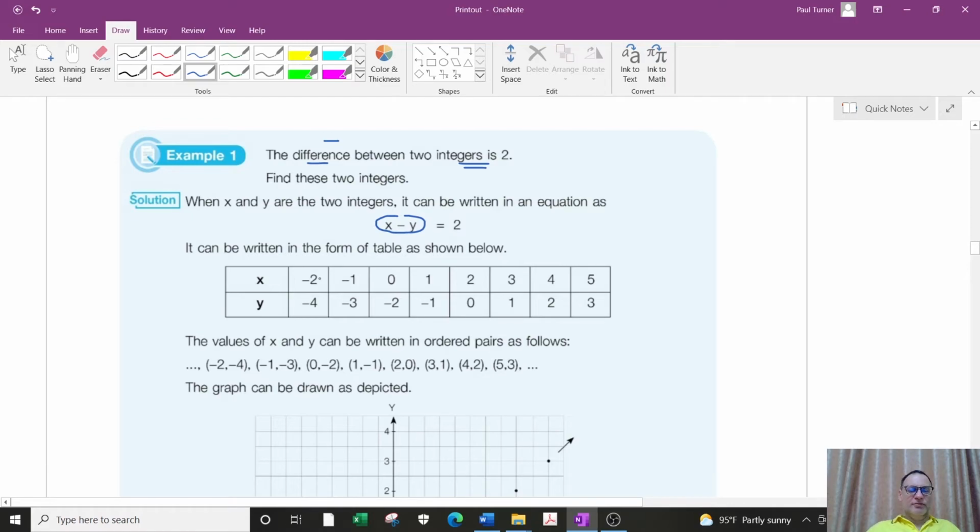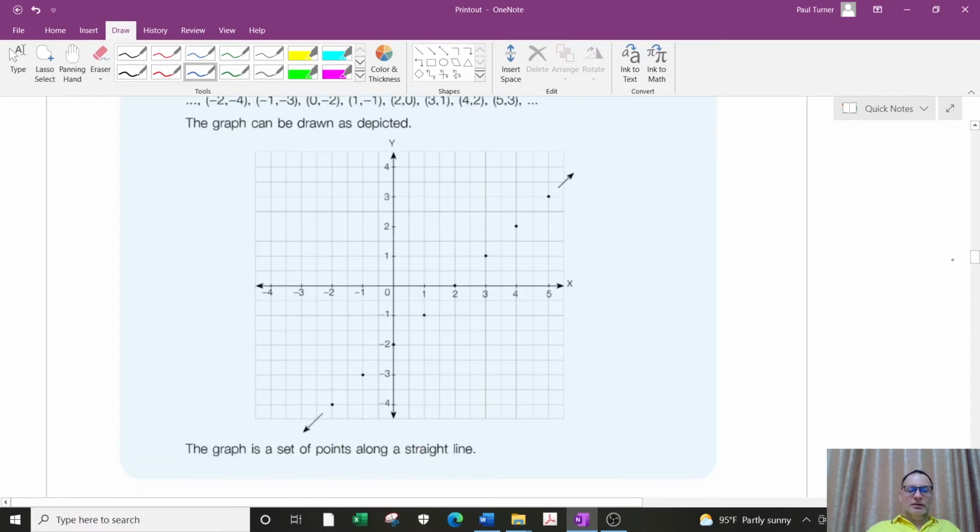And then as before, we make up a set of ordered pairs where x minus y is 2. For example, 2 minus 0 is 2, 3 minus 1 is 2, 4 minus 2 is 2, 5 minus 3 is 2. And then we make our set of ordered pairs, and then we put the points into the graph along that.